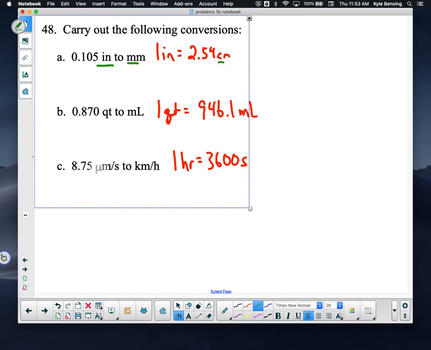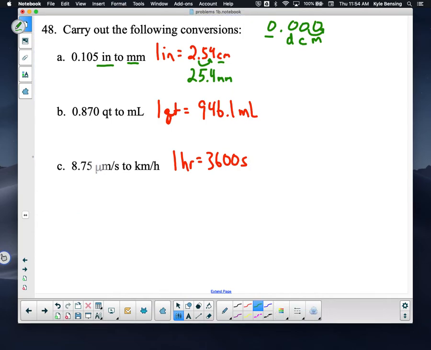So I can change, this is deci, centi, milli, and I can go from centi to milli by going one place to the right with my decimal, which means I get 25.4 millimeters now equals 1 inch. And that's going to help us for our problem.